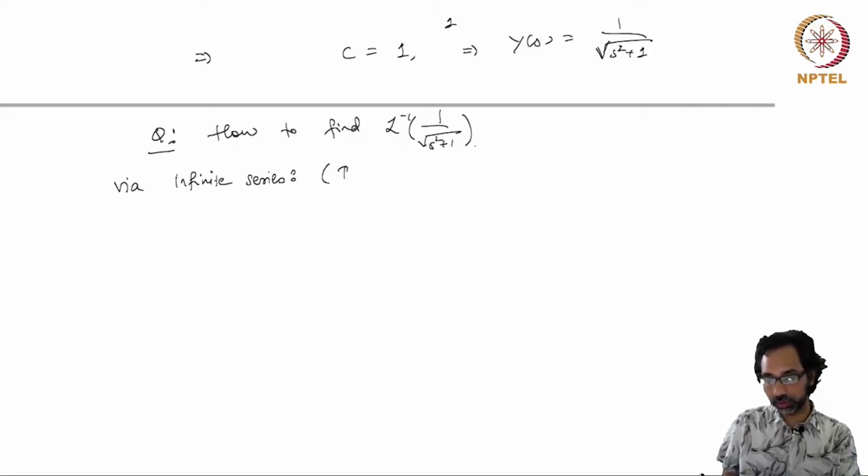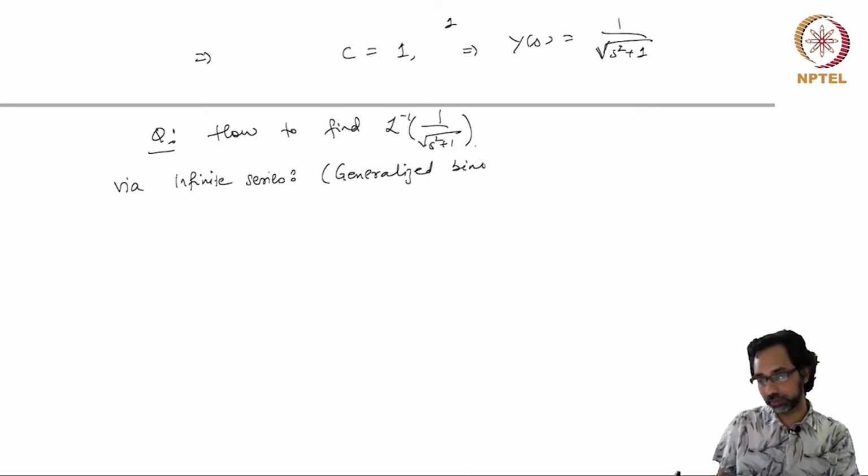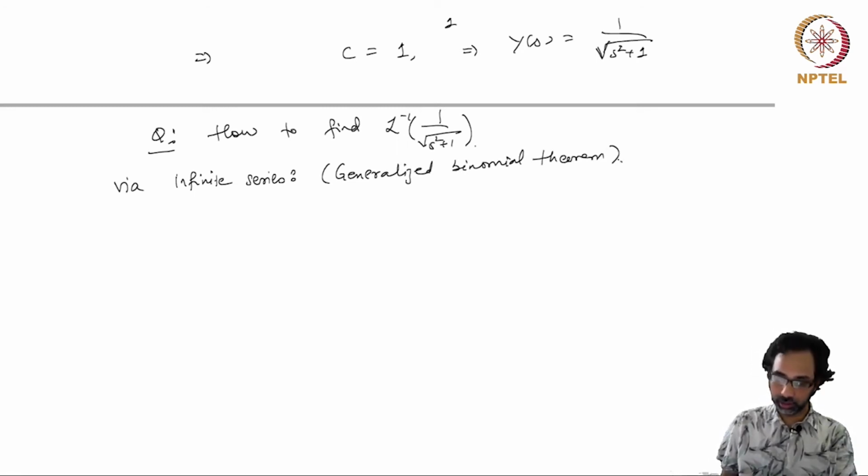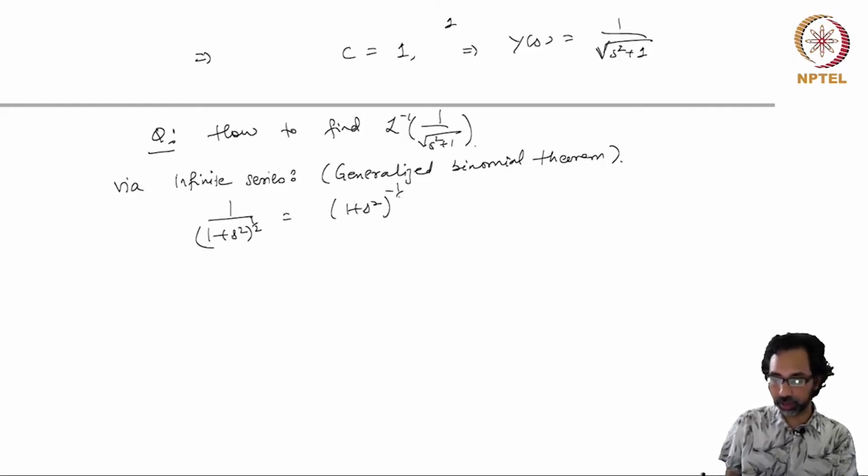By the generalized binomial theorem, you can write 1 over (1 plus s squared) to the power half as 1 plus s squared to the power minus half.